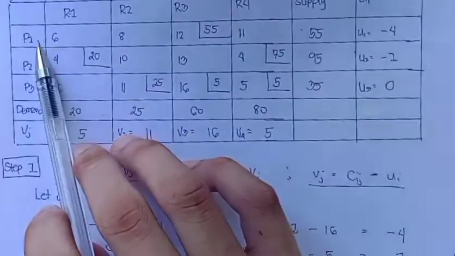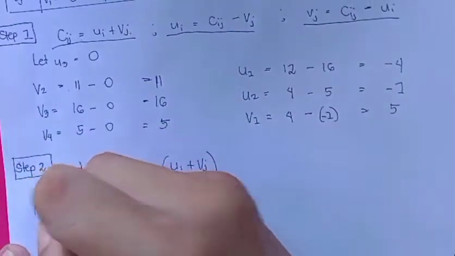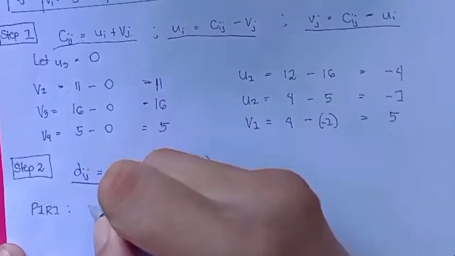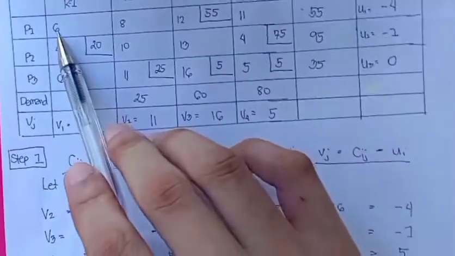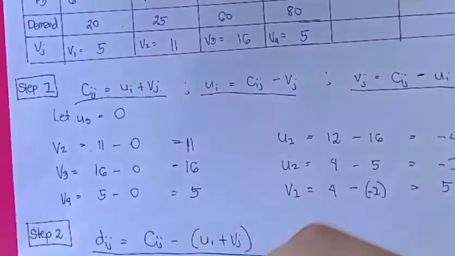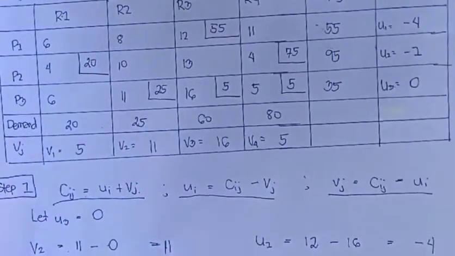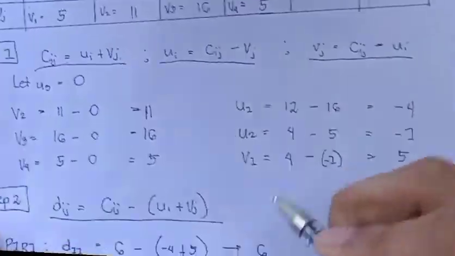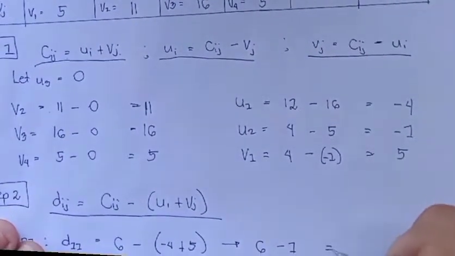So first, this is an unoccupied cell, P1R1, also called D11, is equal to our Cij is 6 minus our Ui is negative 4 plus our Vj is 5. So 6 minus negative 4 plus 5 is 1. So 6 minus 1 is equal to 5.